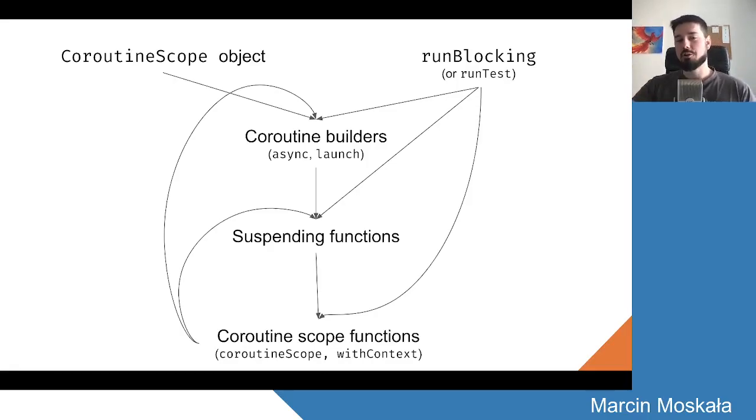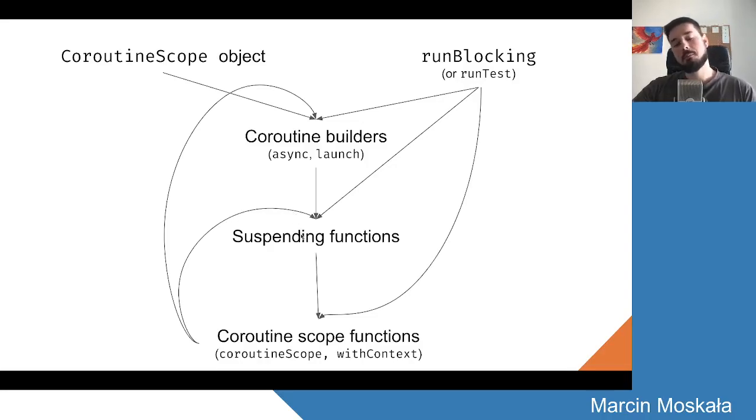The big picture at the end is that in applications using coroutines, we typically start everything on a coroutine scope. On a coroutine scope, we launch coroutines and we call suspending functions. We very often have suspending functions calling suspending functions, but if we need to introduce concurrency, we use coroutine scope functions like coroutineScope, and on those functions we call async, and then we call suspending functions there.